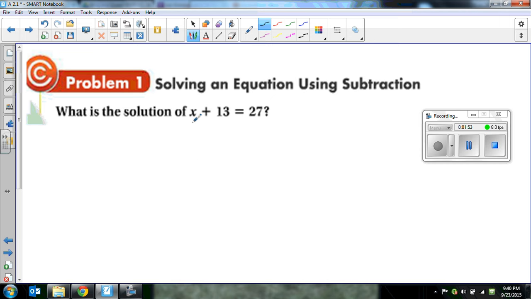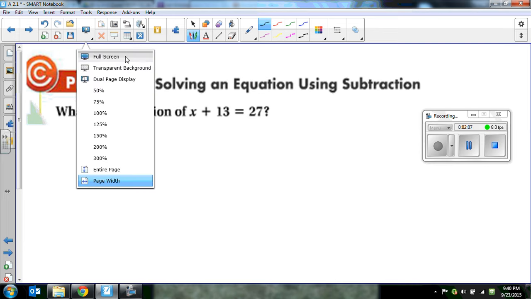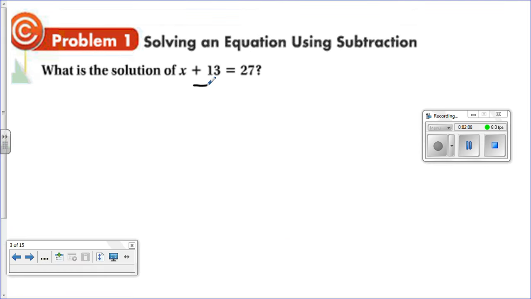So to undo this, the opposite of adding 13 would be to obviously subtract 13. So that's our inverse, right? Let me get this back on full screen. Okay, so we're going to subtract 13. My writing's bad on this. Sorry, bear with me.